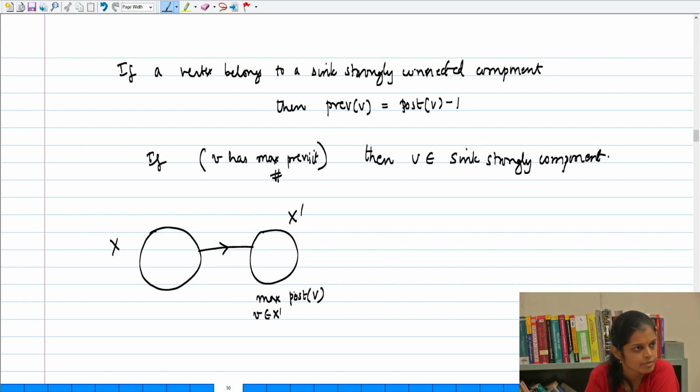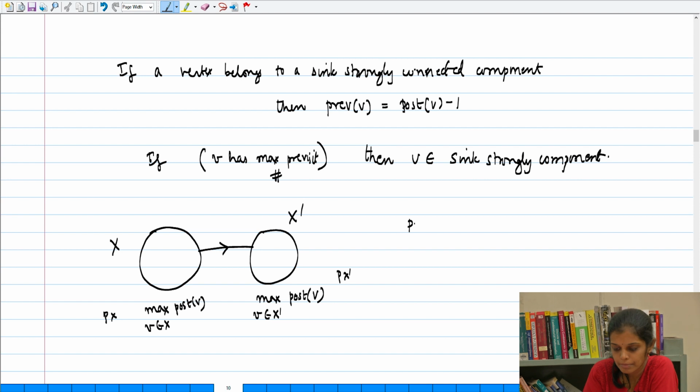You understand this term. And then max of post of v, where v belongs to x, right? These are the two terms. So my claim is that this number, let's call them px and px prime.